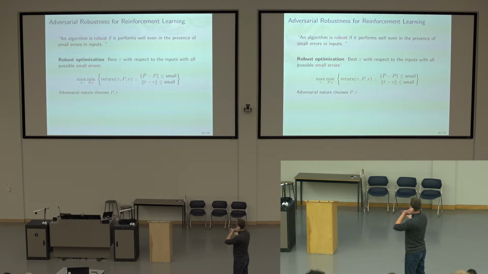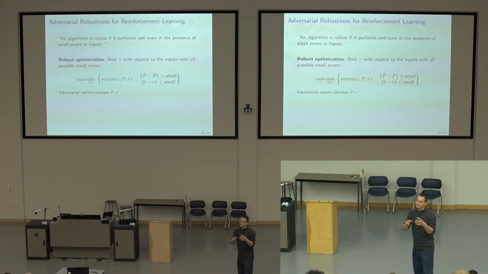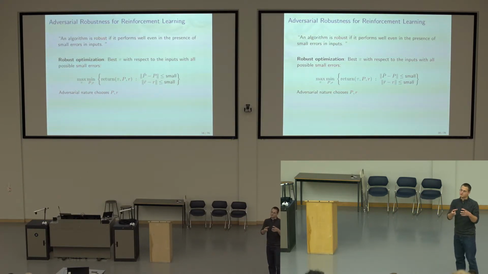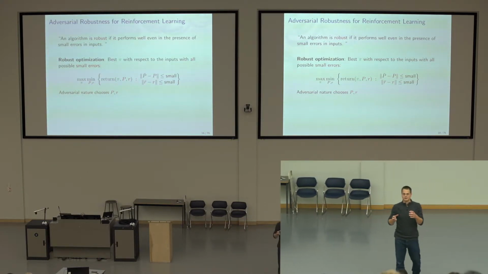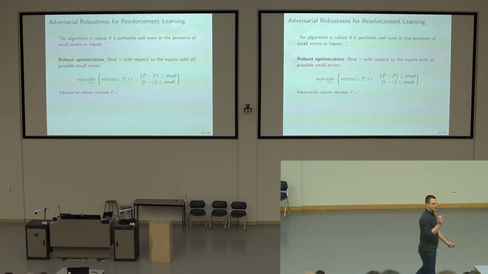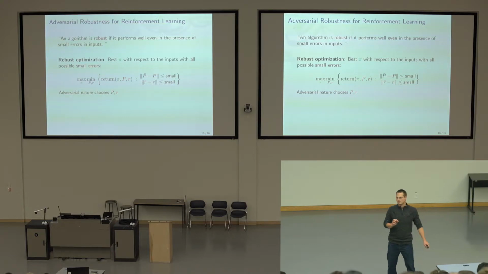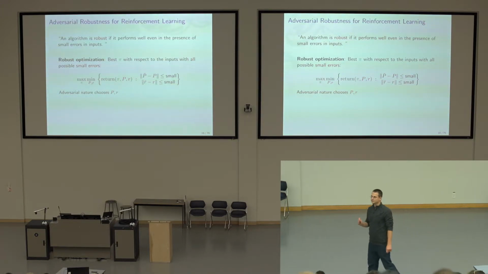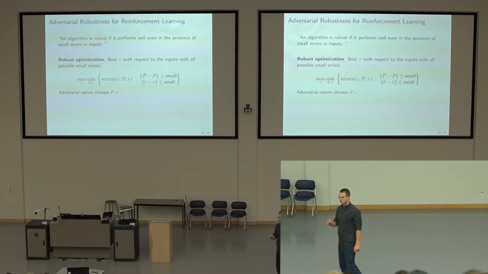No, the adversary chooses P, but it cannot choose a P that's too far away from your P bar. So P bar is like your anchor. This is the model you construct. And you want to make sure that if there's an adversary which can add a little bit of noise to your model, your performance is still going to be pretty good.